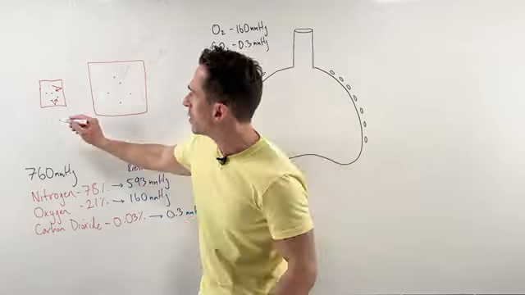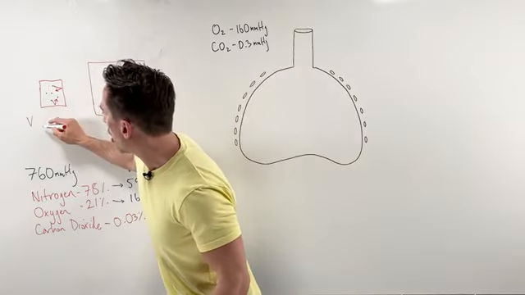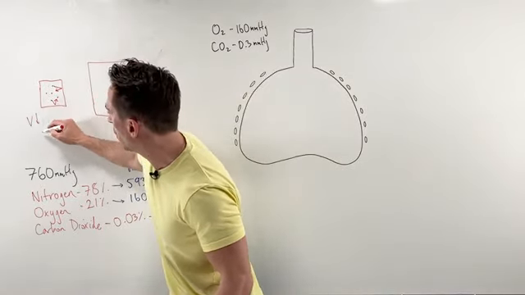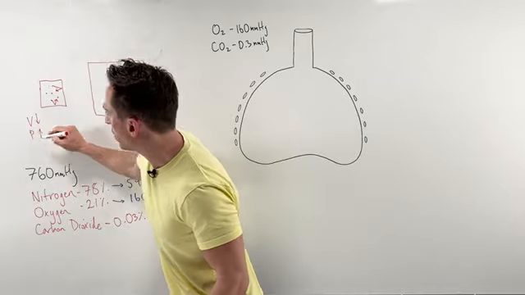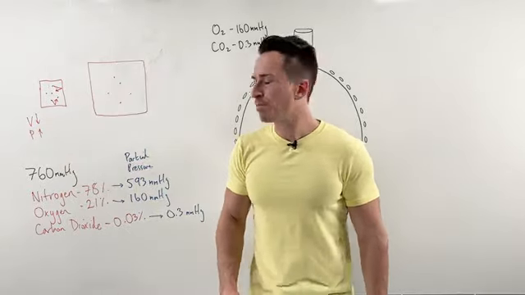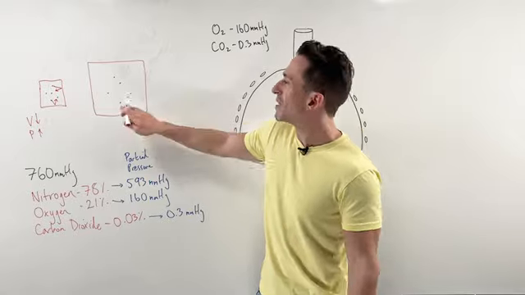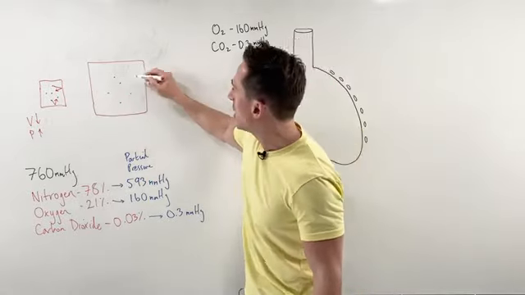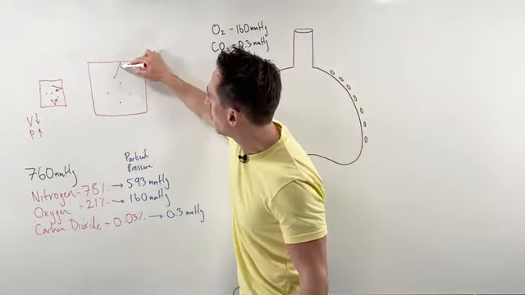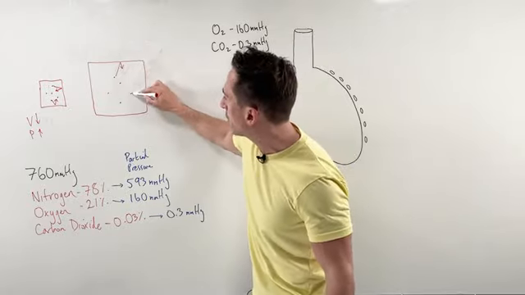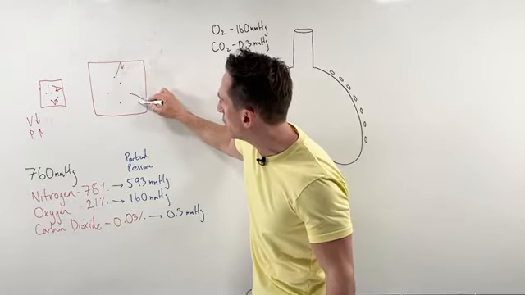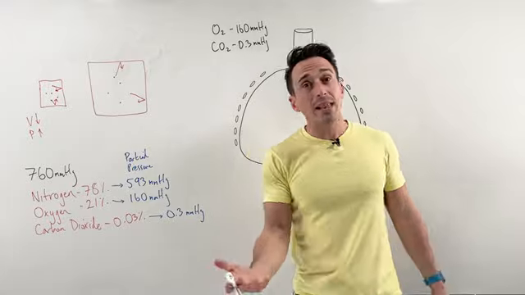So even though the volume of this box is quite low, the pressure is going to be higher. In this larger box, with the same number of gas molecules, they're less likely to bounce off the wall because it's further away. And because there's so few gas molecules, it's rarely going to happen.